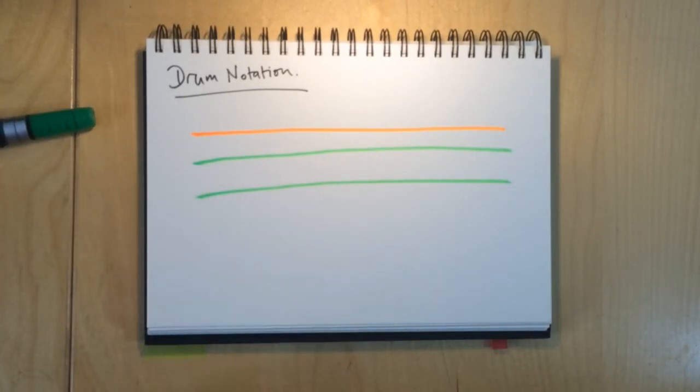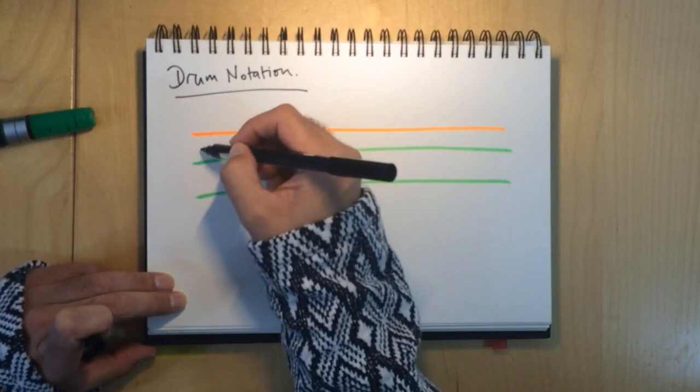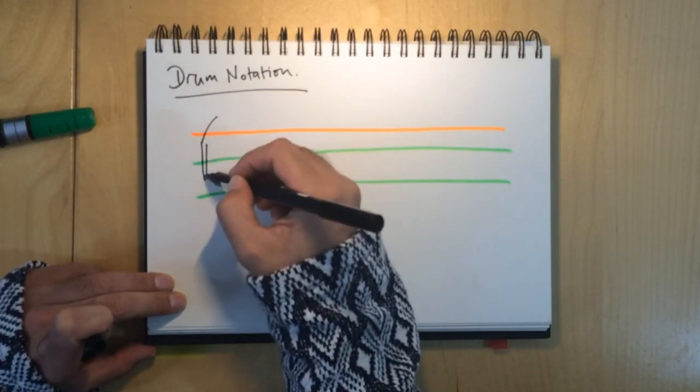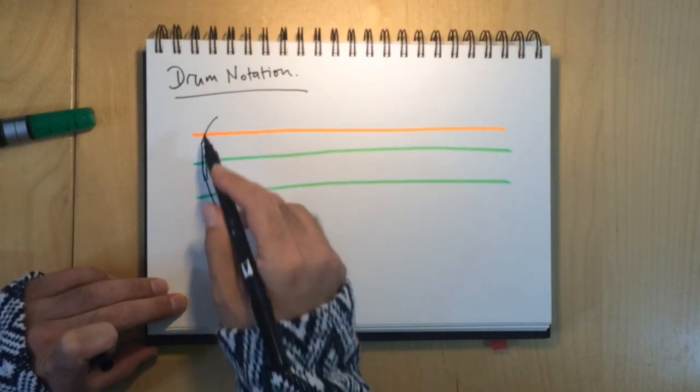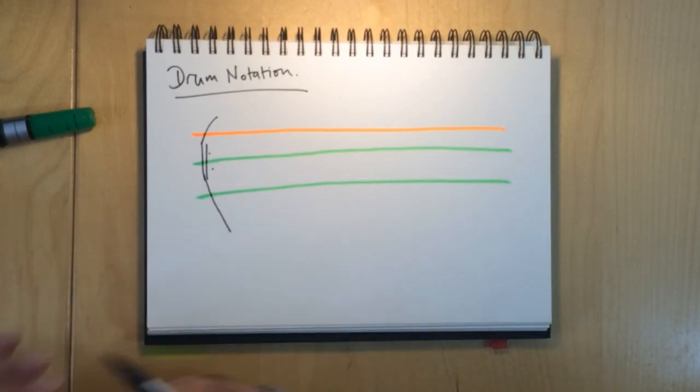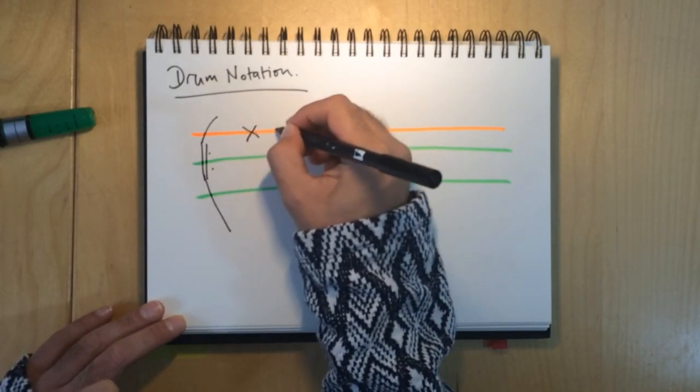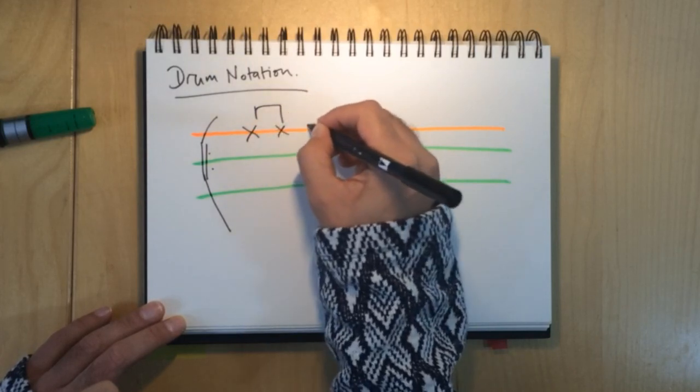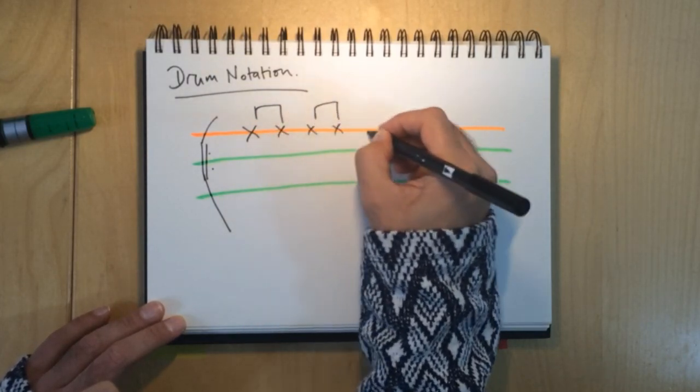So say, for instance, I want to write down a beat. So here is the beginning of our beat. Now say I want to write down 8th notes on the hi-hat. So I want the hi-hat to play 8th notes continuously throughout the bar. I'd write up here, these X's, they represent the hi-hats.